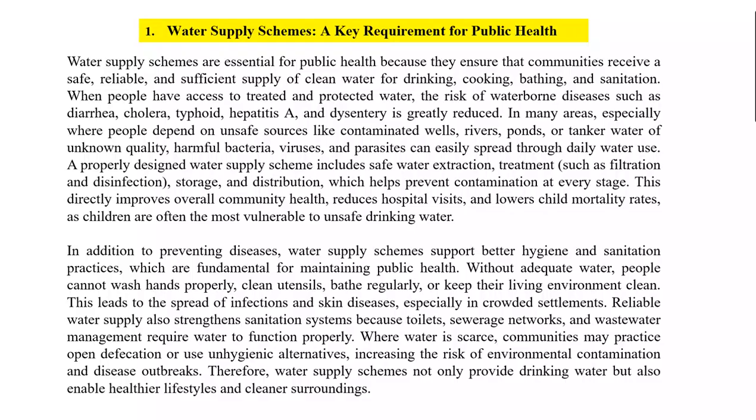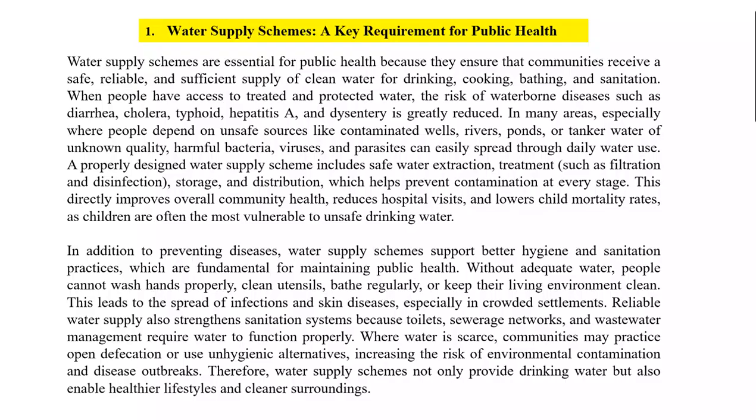Water supply schemes are essential for public health because they ensure that communities receive a safe, reliable, and sufficient supply of clean water for drinking, cooking, bathing, and sanitation purposes. When people have access to treated and protected water, the risk of waterborne diseases such as diarrhea, cholera, typhoid, hepatitis A, and dysentery is greatly reduced.